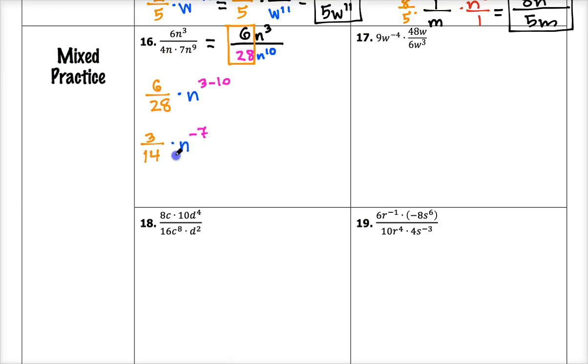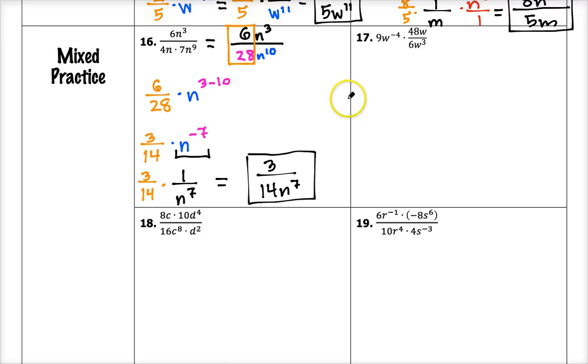N to the negative 7th, a negative exponent, we want to write as 1 over n to the positive 7. So this becomes 3/14 times 1 over n to the positive 7. And our final answer becomes 3 over 14 n to the 7th.